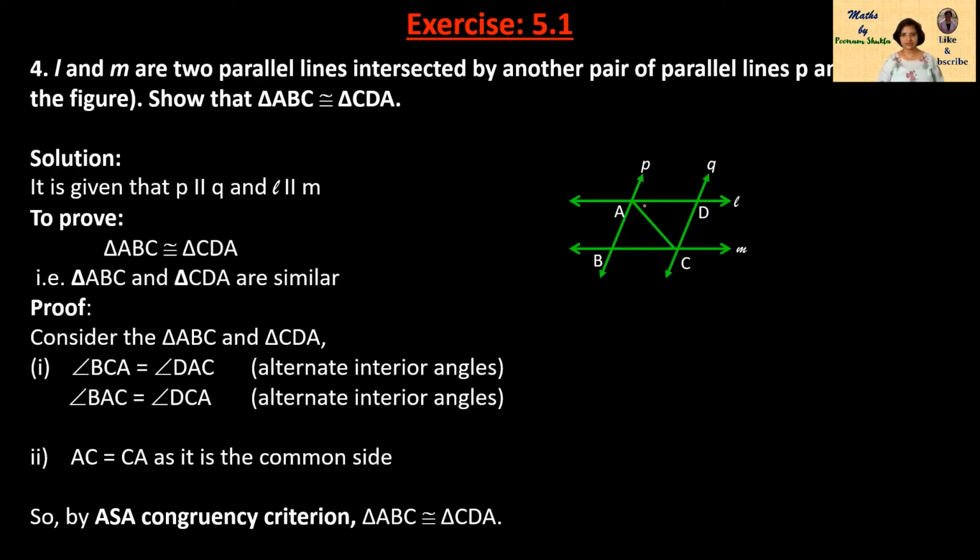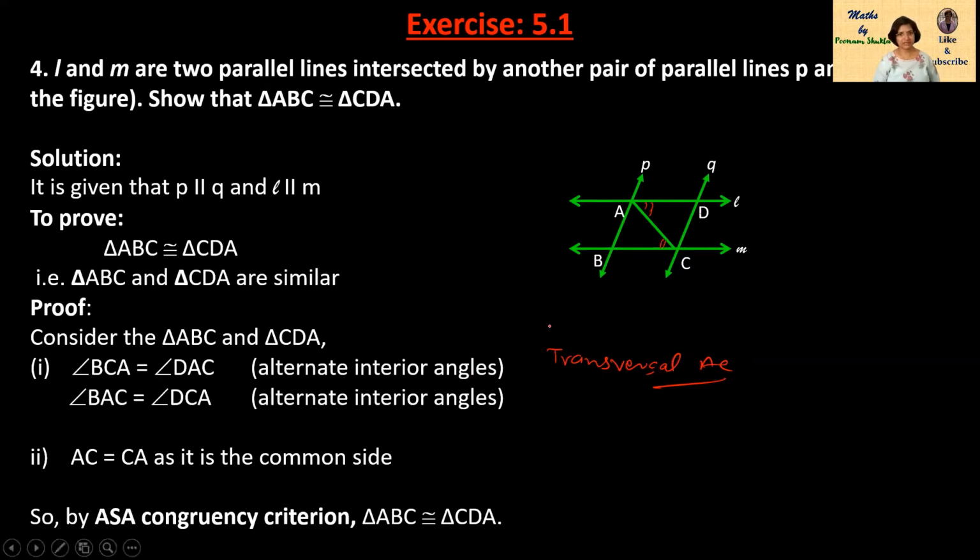In this figure, we can see there is another transversal, AC. If we consider transversal AC for these two parallel lines P and Q, we can say that angle BCA will be equal to angle DAC. These are the alternate interior angles.